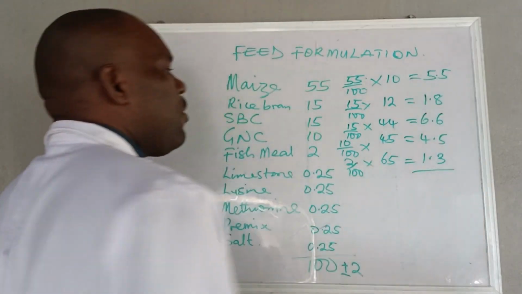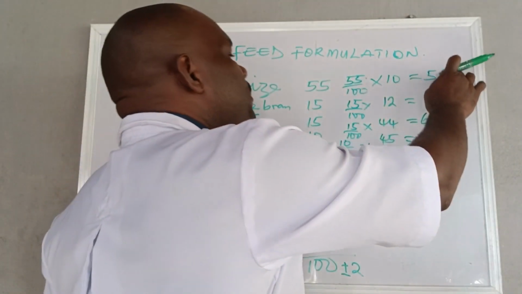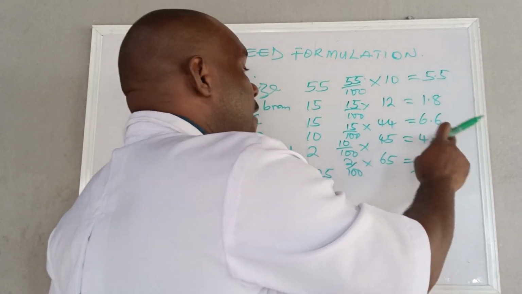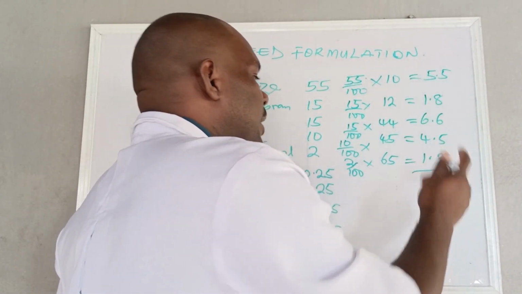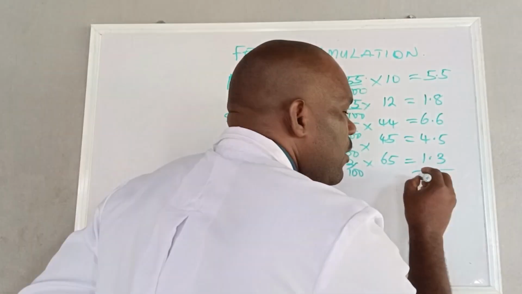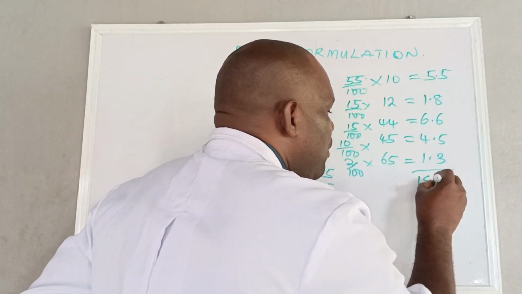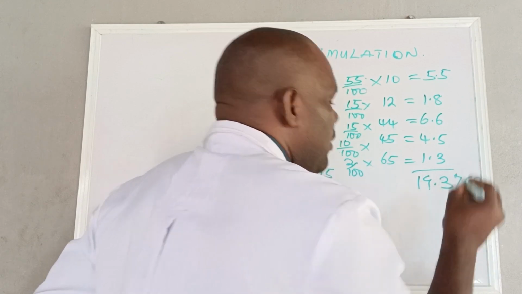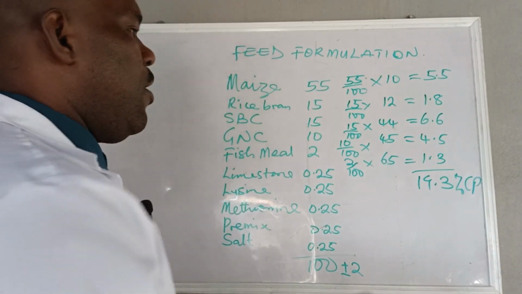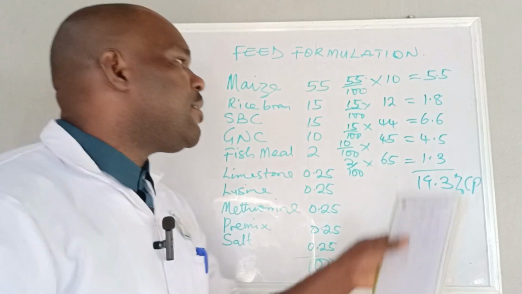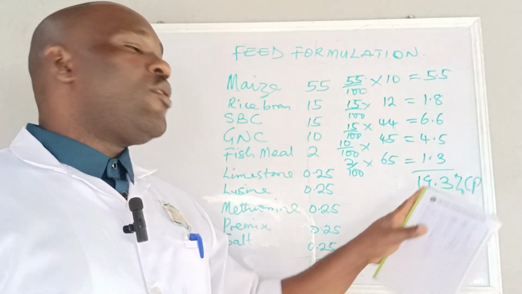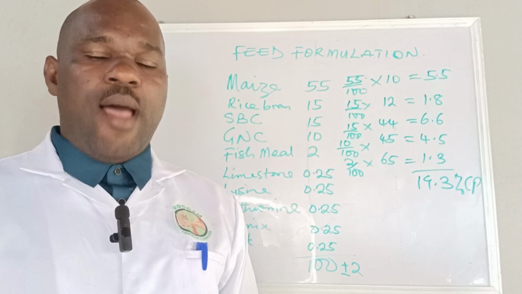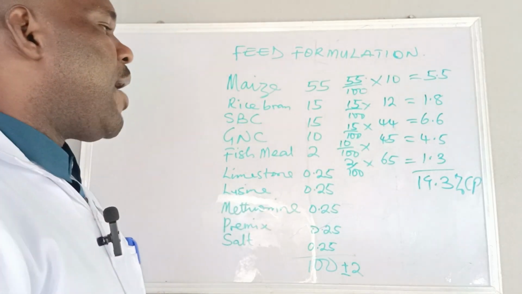So you sum up: 5.5 plus 1.8 plus 6.6 plus 4.5 plus 1.3, and the total gives you 19.3% CP. Now you discover that you've obtained the energy and protein requirement of the finisher broiler. So now you go ahead to formulate your feed.